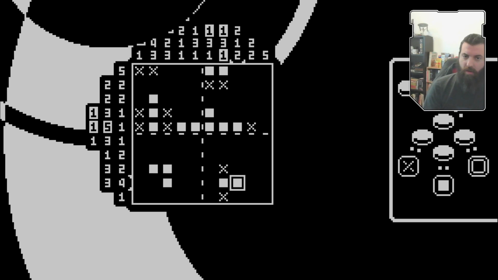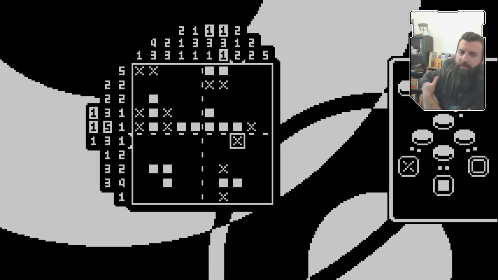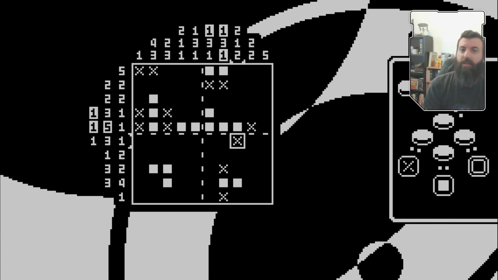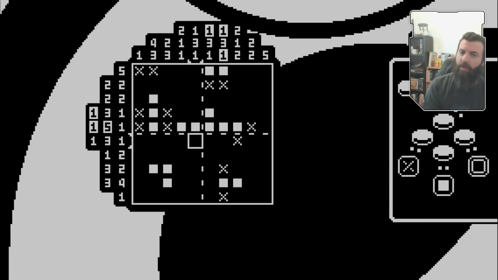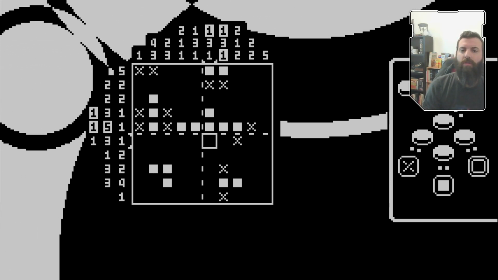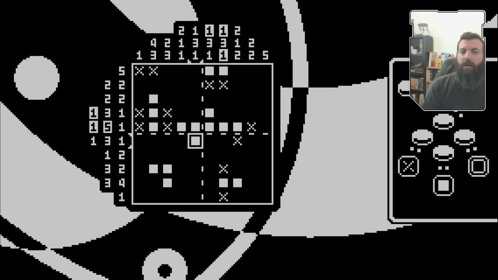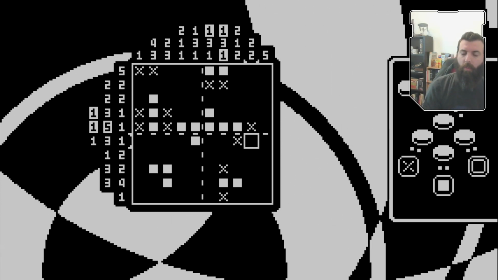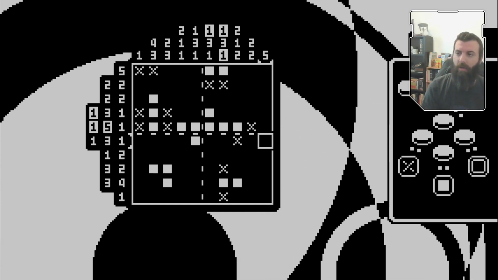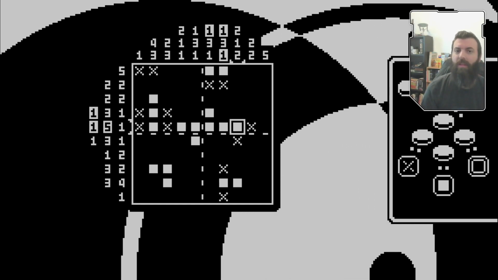Either way, this pixel wouldn't be filled in. If that pixel isn't filled in, then that means 1, space, 1, 2, 3, or 1, 2, 3. That means the one on the horizontal line would have to be over here. Not a huge help, but it's something.